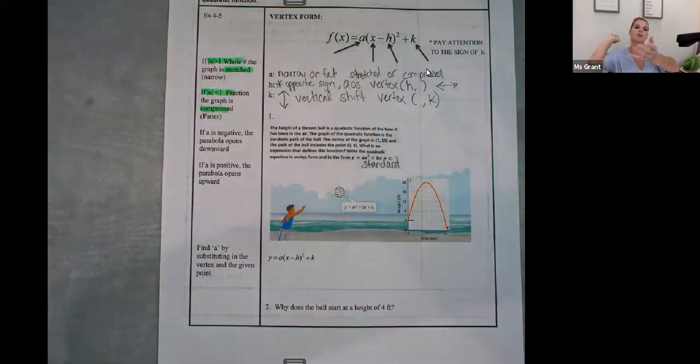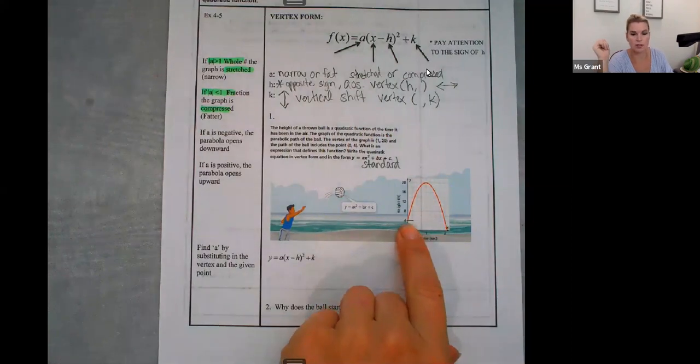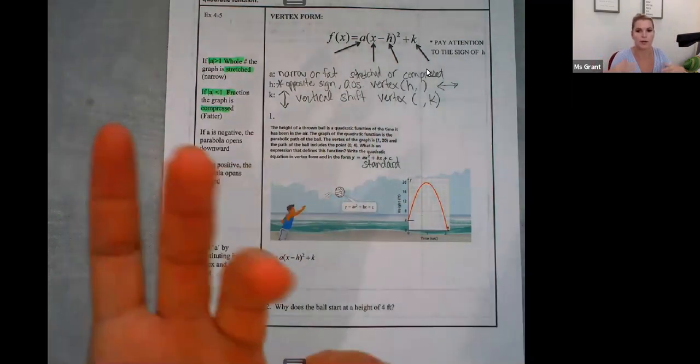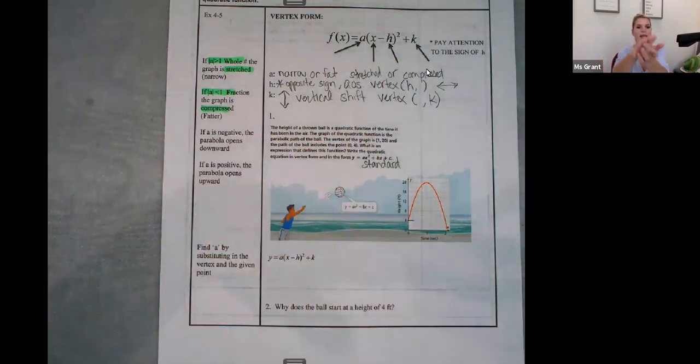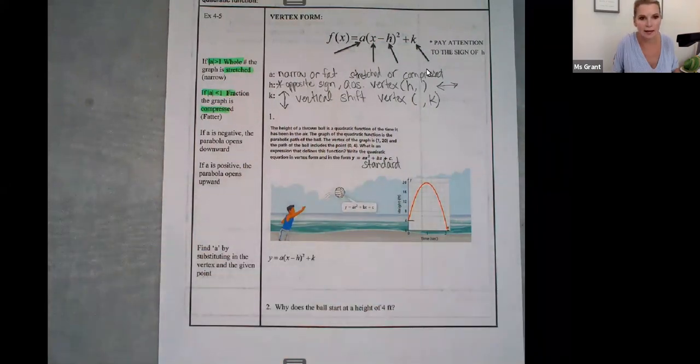In this example, the person serves it at a height of 4 feet. Because you never start from the ground. You're standing up, however high the person is, and then you serve it, and it's like 4 feet high off the ground. So maybe this person's even shorter, but the beginning height of the volleyball is 4 feet, okay?